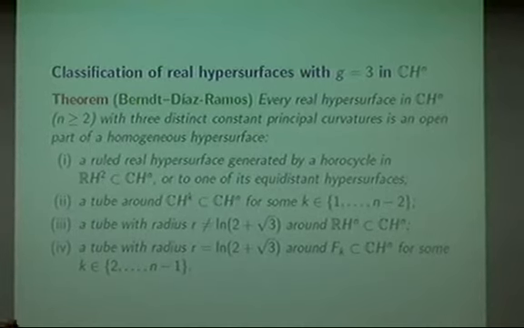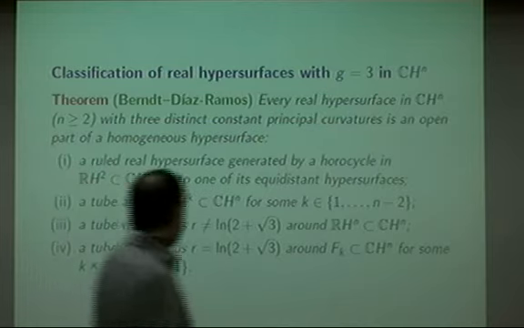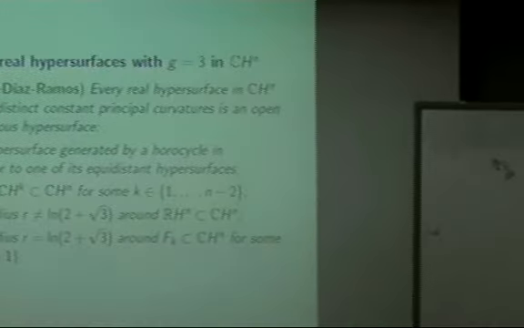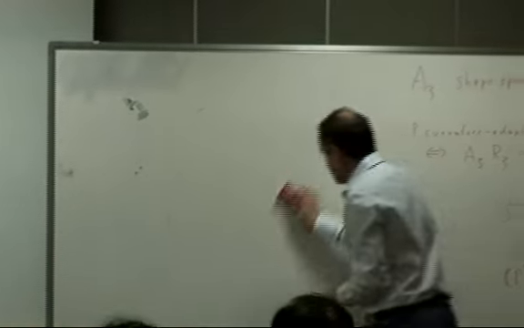Any such hypersurface is one of these. So I want to describe what they are. The first one is a ruled real hypersurface generated by a horocycle in a real hyperbolic plane in complex hyperbolic space.